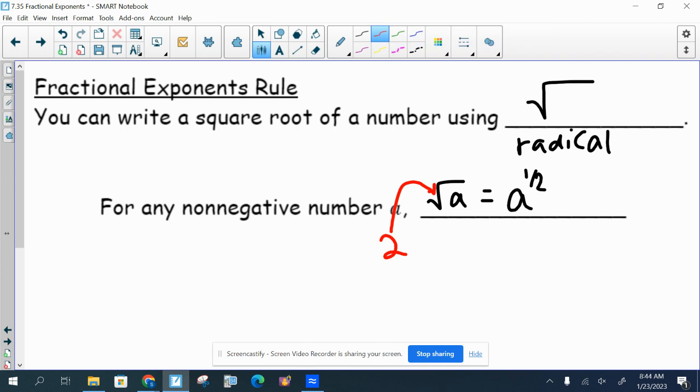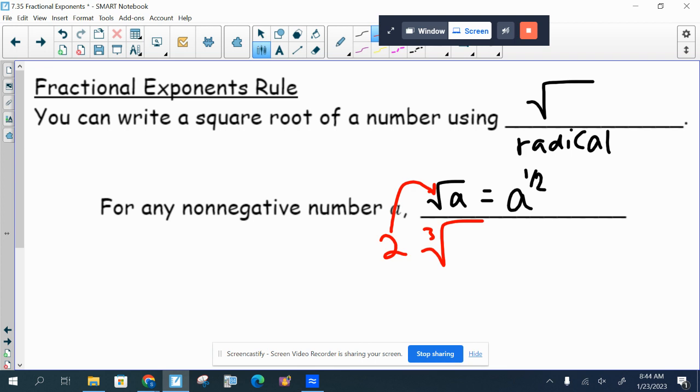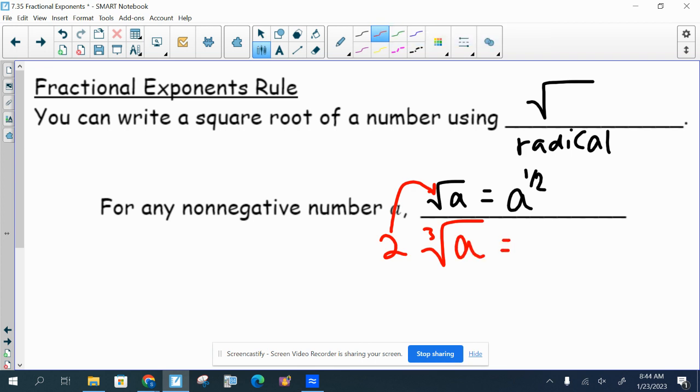So when you have a fraction for an exponent, I'll give you another example. The cube root of a, can you guess how that would be written? A to the what power? 1/3.